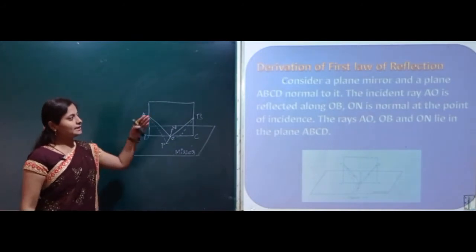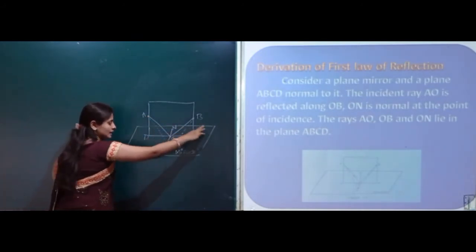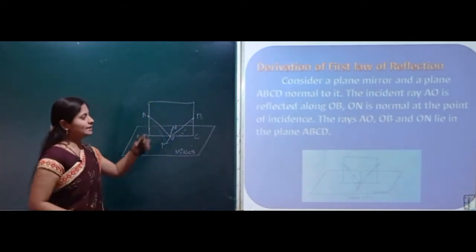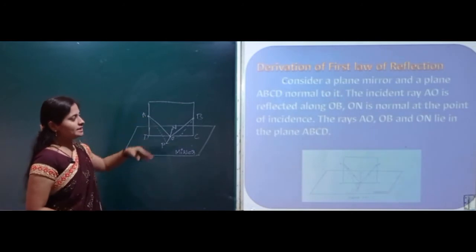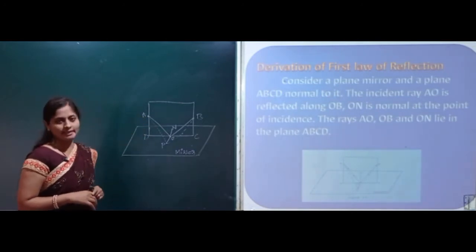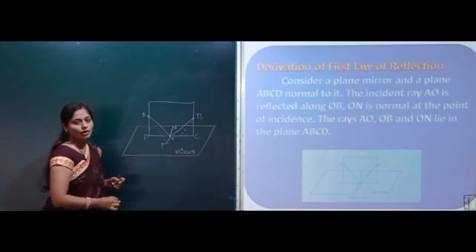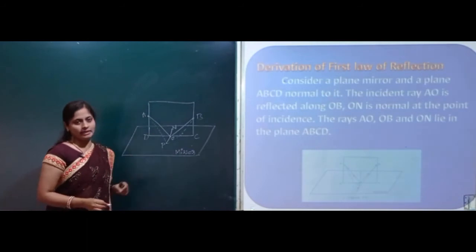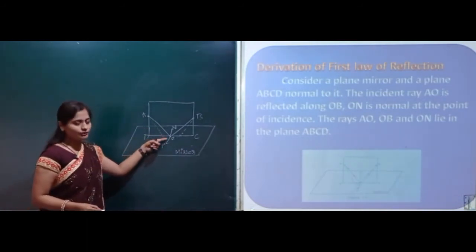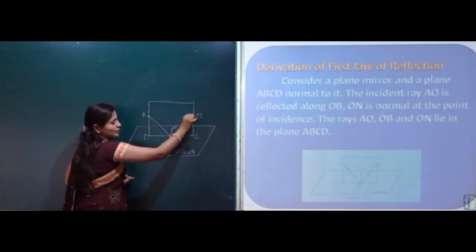See here, consider a plane mirror and a plane ABCD. Here we are considering a plane mirror and a plane ABCD normal to it. The incident ray AO is reflected along OB. So AO is the incident ray, which is reflected along OB.